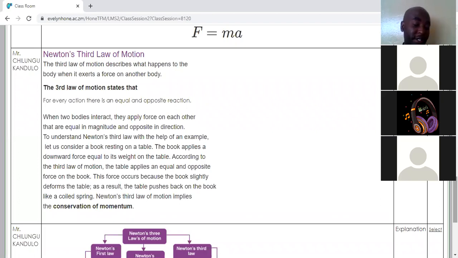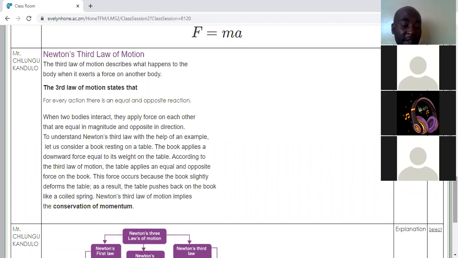When the phone is resting on the table, it will exert its weight on that table. If a phone is resting on a table, it will exert its weight on that table. And conversely, the table will also exert an equal force equal to the weight.